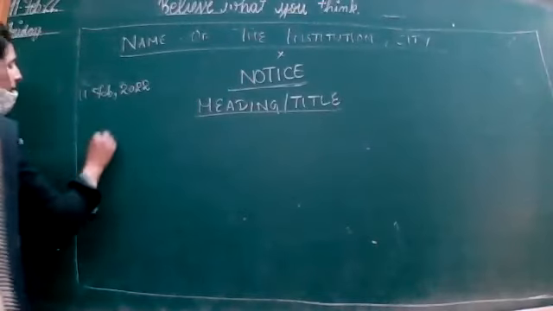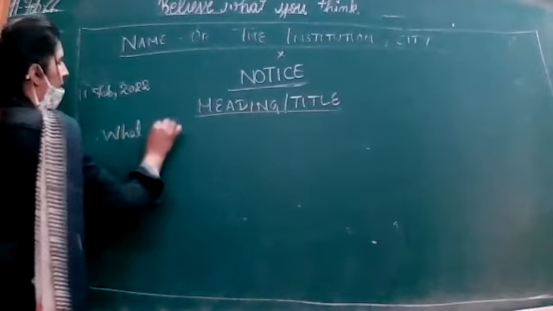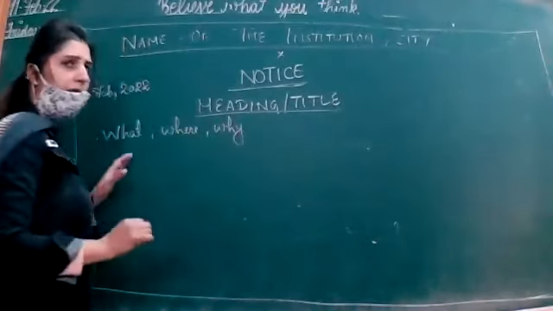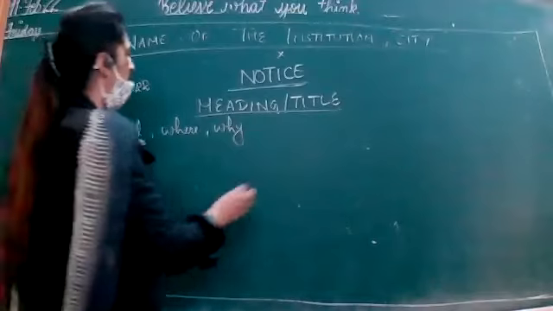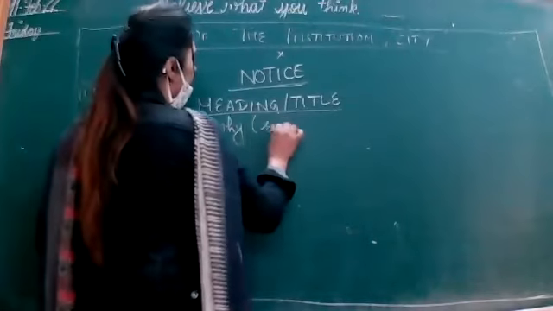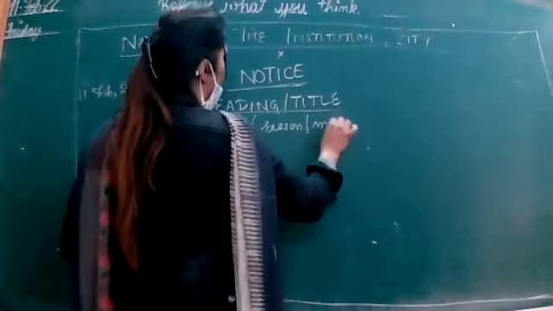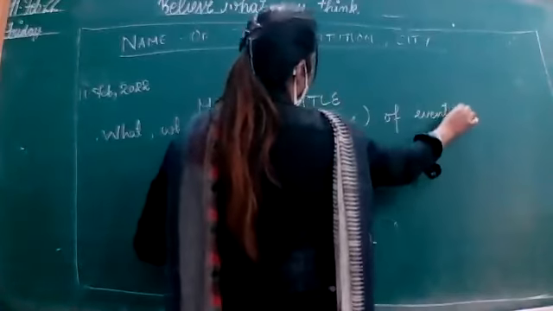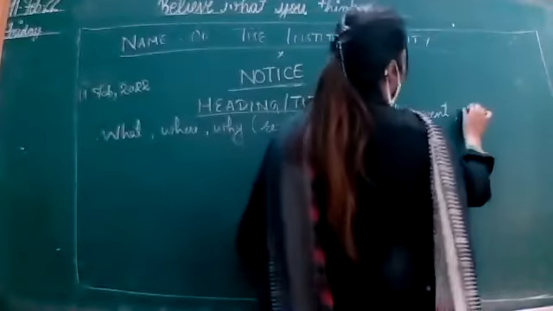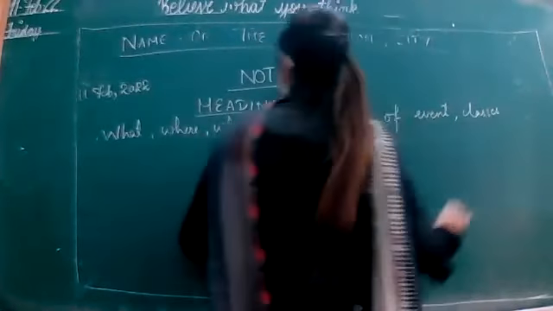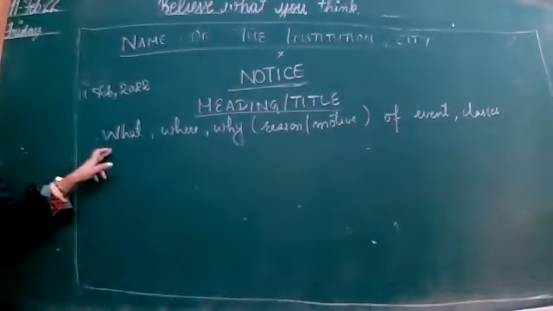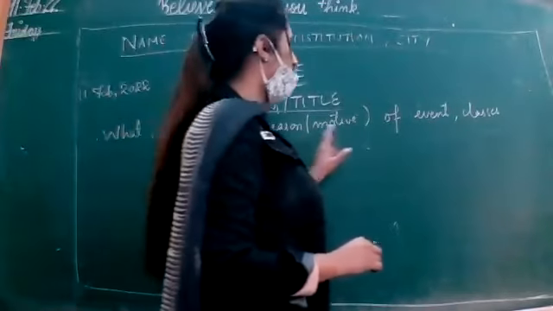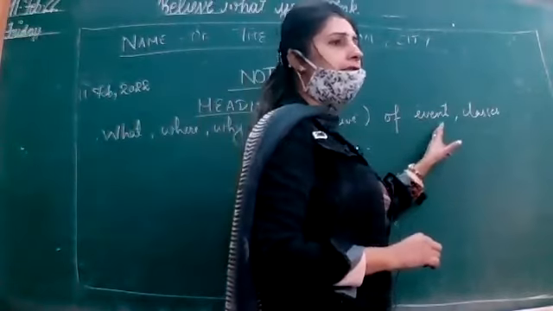So what will the first line be? What, where, why. Write here the why, the reason or motive of the event. Classes can also be included here. For example, library week is going to be held in the school for classes 6 to 12.